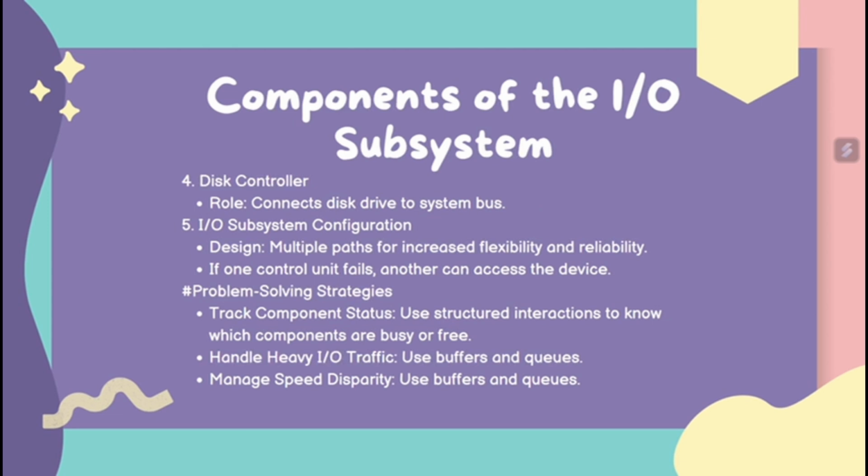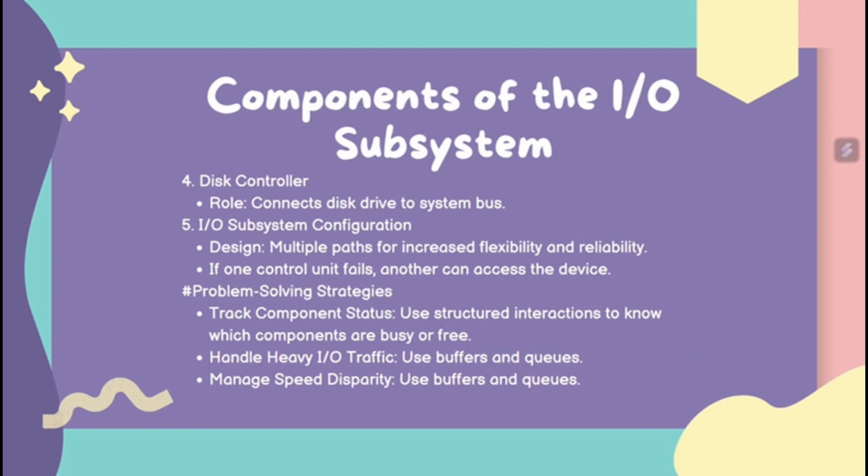The last component is I/O subsystem configuration. The design of this I/O has multiple paths for increased flexibility and reliability. If one control unit fails, another can still access the device. And then we go to the problem solving strategies.